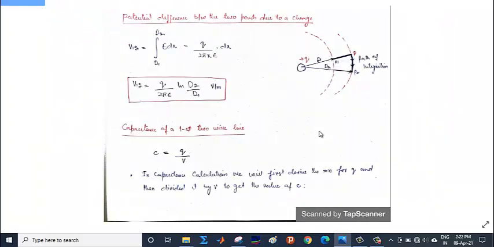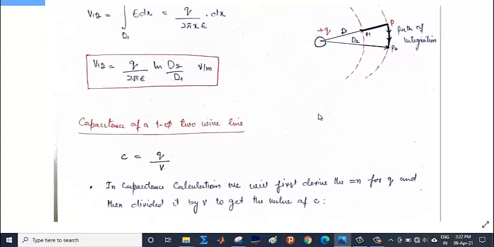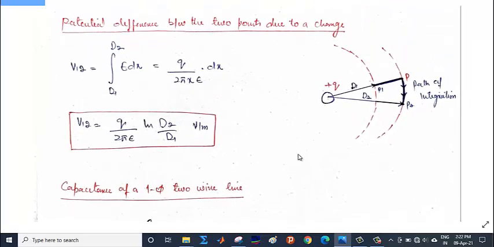Now by calculating the electric field, we'll see what is the potential difference between 2 points due to charge. This is the charge. We'll try to find out the potential difference between point P1 and point P2. Let me zoom a bit so that it will be slightly clear to you.